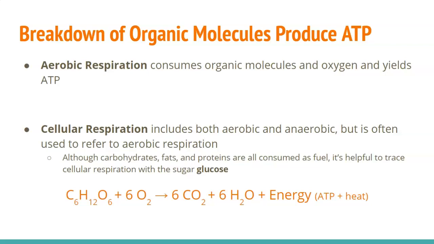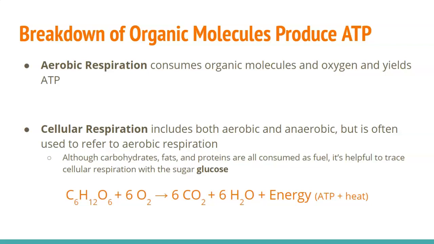Okay, aerobic respiration. This is like what we've been talking about this whole time. Respiration is the consumption of organic molecules and oxygen. We're going to focus on the consumption of glucose and oxygen. When you consume those, you get ATP. So you put in glucose and oxygen, you get out ATP.